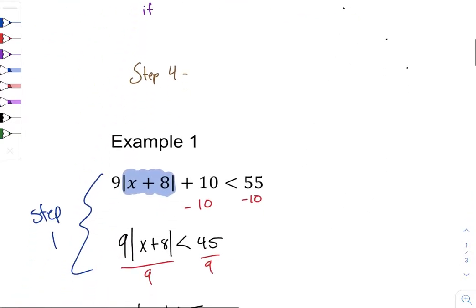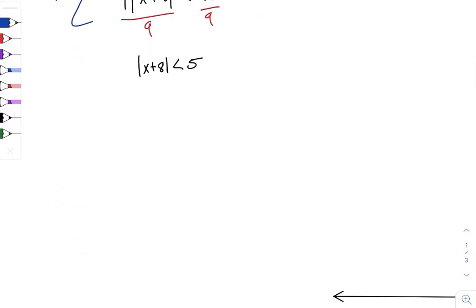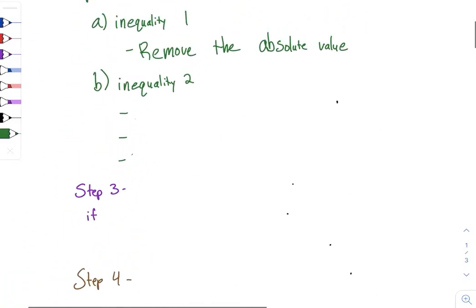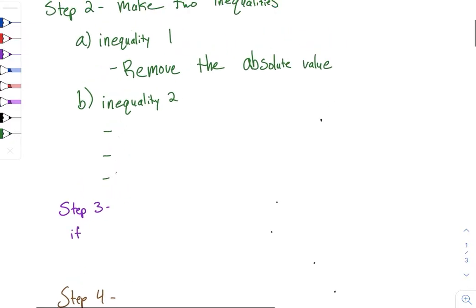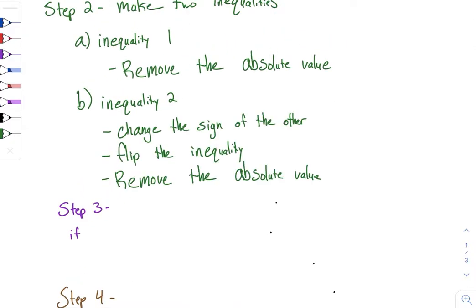That's all we need to do. So for number 1 here, or inequality 1, all I'm doing is eliminating the absolute value. Gone. In inequality 2, however, what we need to do is more than just remove it. We need to change the sign on the other side and also flip the inequality.